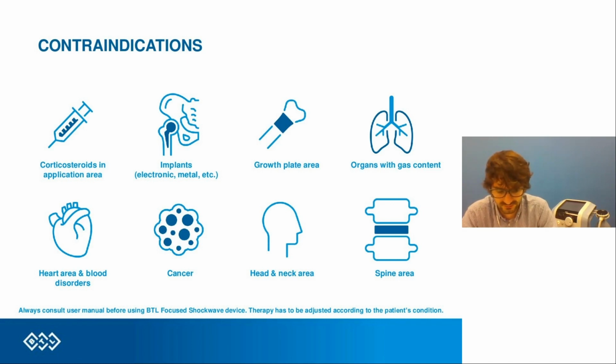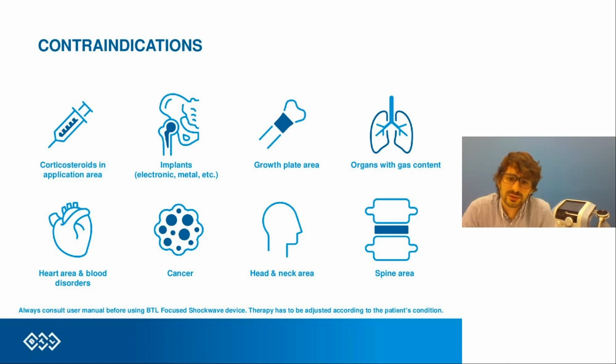Maybe something that is new is that focused shockwave is strictly prohibited on areas with possible gas content, such as lungs or intestines, because the shockwave would not pass through these areas, but would get concentrated on the border of the air and the tissue, where it could get reflected.